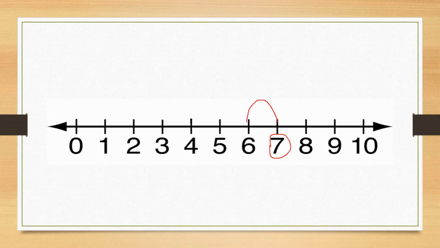Then the answer will be 6. How can we write it down? Like that. 7 minus 1 take away, equal to, or backward counting one number, is 6.